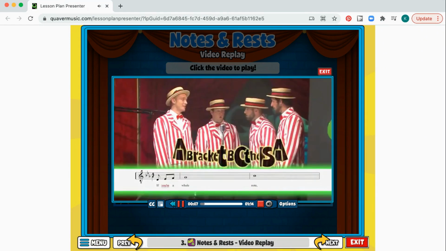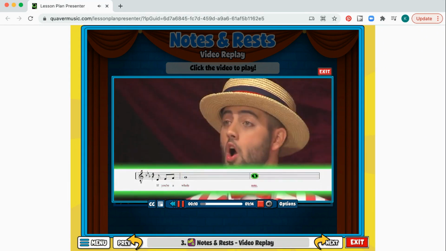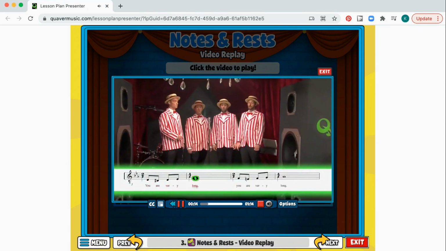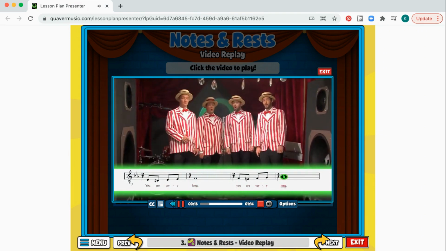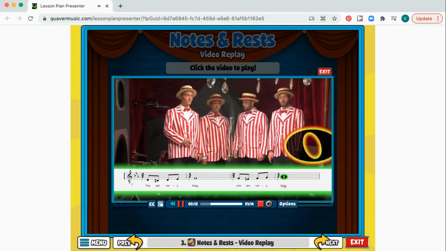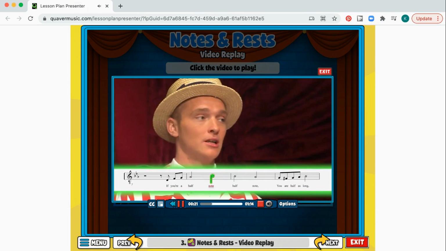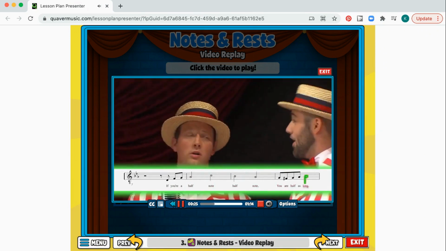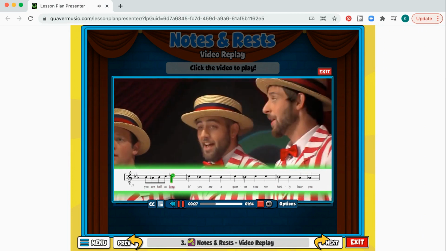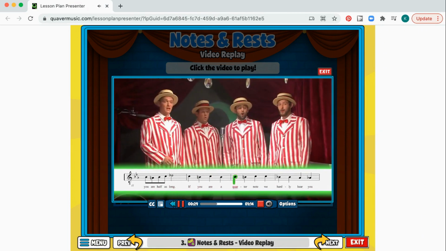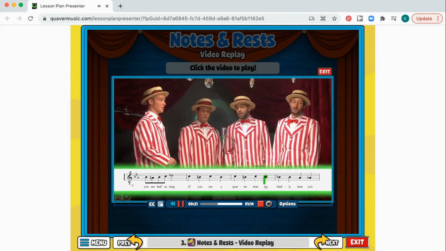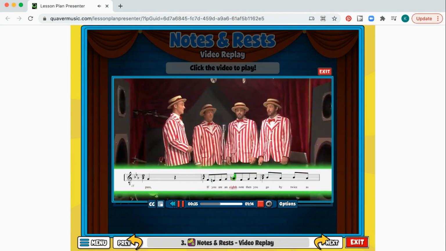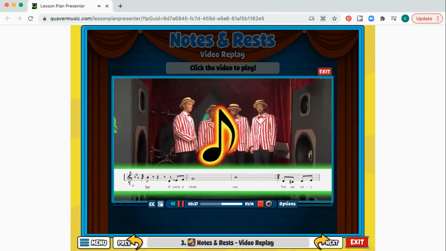If you're a whole note, you are very long. You are very long. If you're a half note, you are half as long. You are half as long. If you are a quarter note, we hardly hear you pass. If you are an eighth note, then you go by twice as fast.